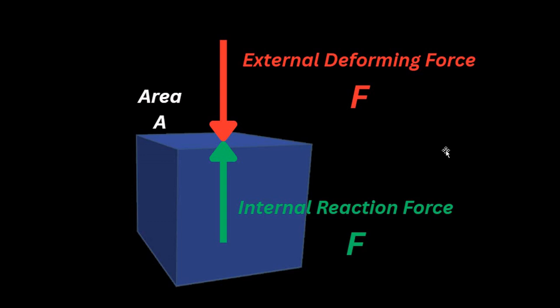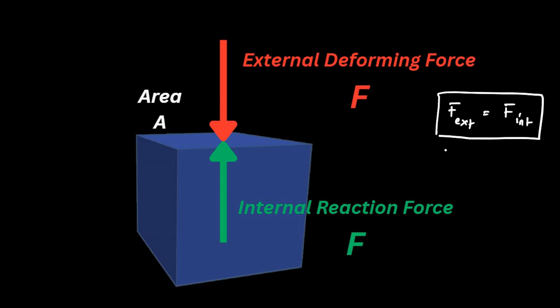Why? Because as the equal and opposite reaction force, the external deforming force and the internal reaction force, they are always equal in magnitude. Okay, magnitude wise they are equal. This is the external deforming force, this is the internal reaction force.